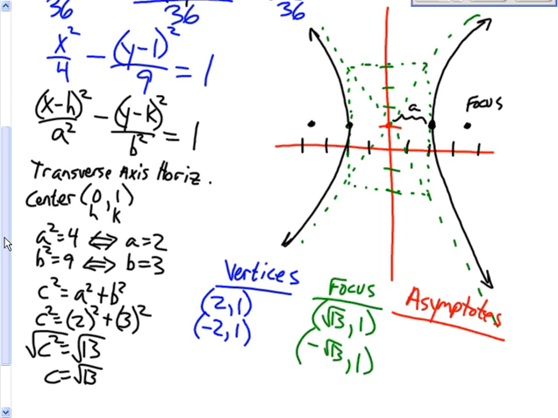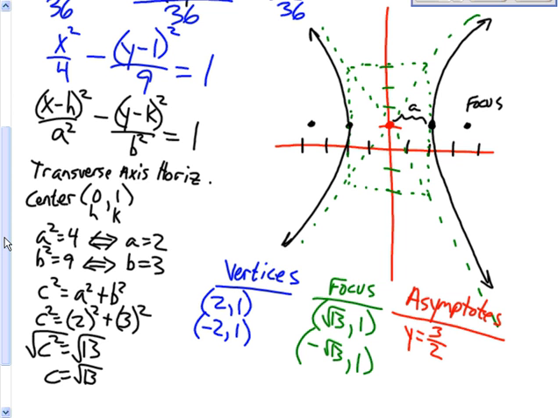Okay, my slant asymptotes, from this center, I'm going up 3 over 2. And you notice the y-intercept there is 1. You can do one of two things: either go point-slope form using (0, 1), or since you know y equals mx plus b, and the b is 1, the y-intercept is 1, you can just count the slope. So up 3 and over 2.